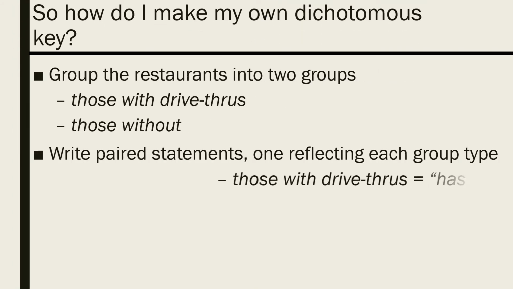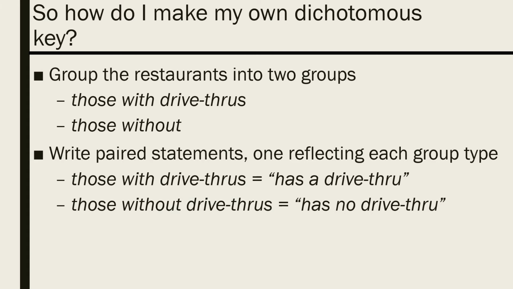In your dichotomous key, that first step needs to be a very general division between the items you are trying to classify. In this case, since we're doing restaurants, I thought it'd be easy enough to divide them by those that have a drive-through and those that do not. So I'm going to write a paired statement on my dichotomous key, one reflecting each group type, those without drive-throughs and those that have them.